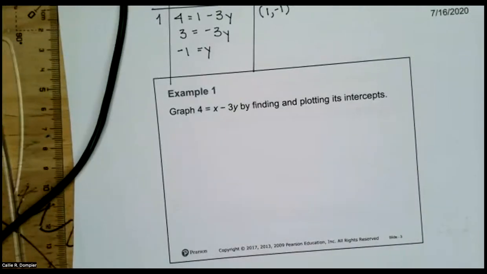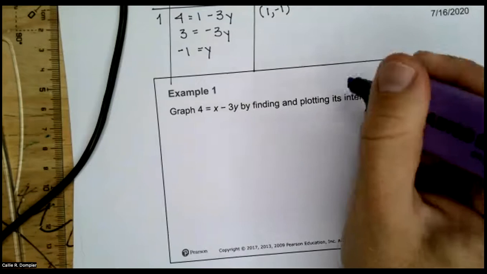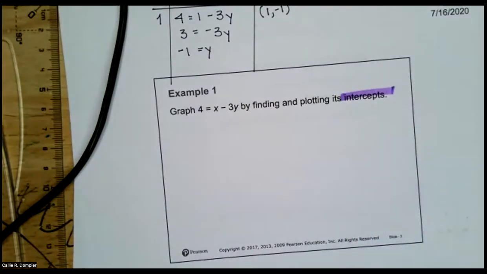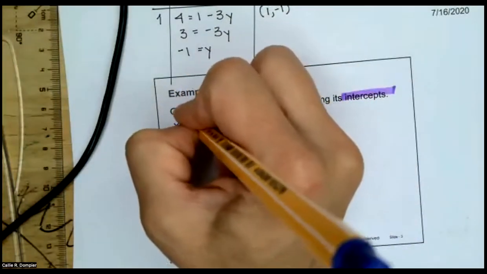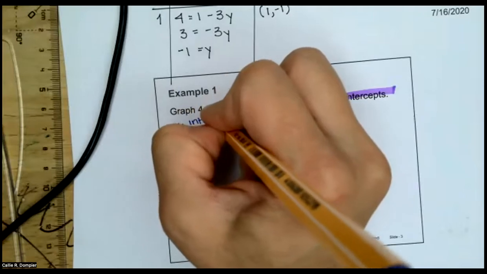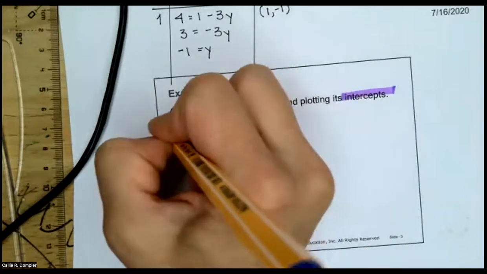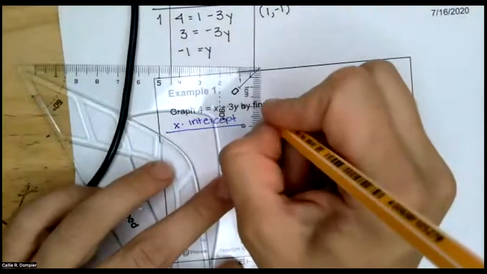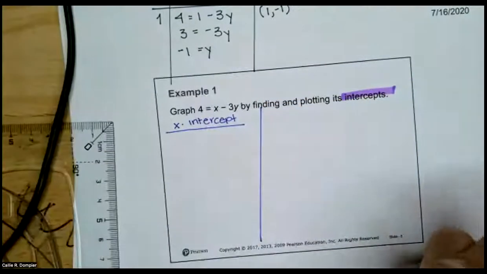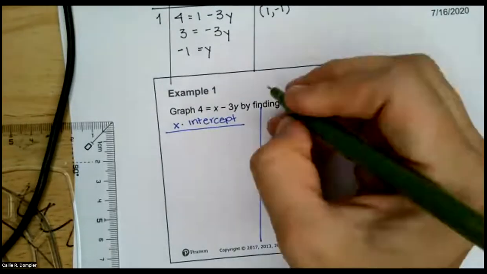If they've asked for your intercepts, that means you need to do two things, okay? You need to find your x-intercept, and you need to find your y-intercept.